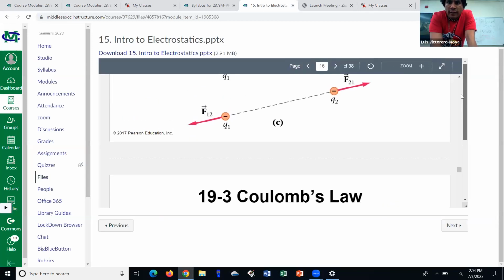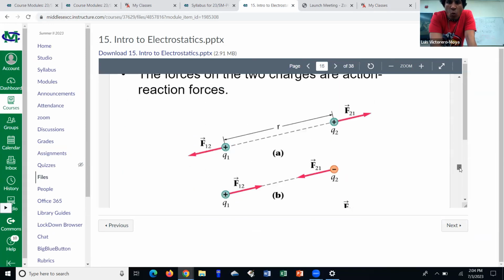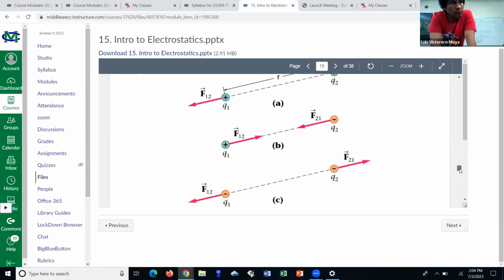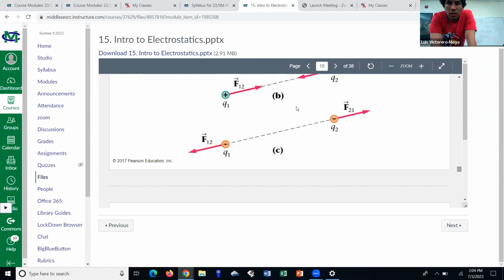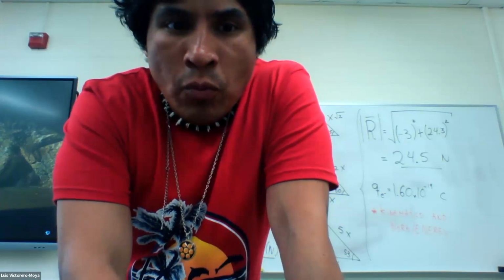What I'm gonna do is, first, we're gonna do problems in 1 dimension, like this. And then we will do problems in 2 dimensions before we introduce electric fields. All right. So when I do the problem, if you have any questions, please feel free to ask.